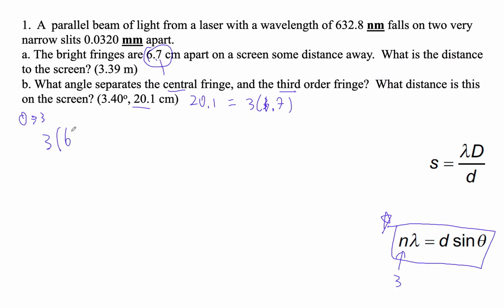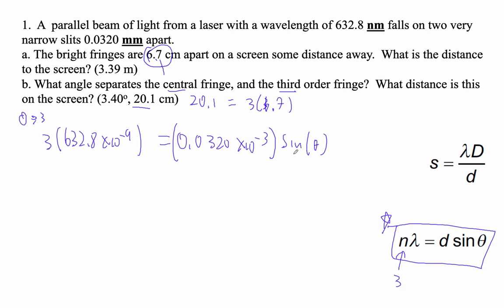Okay, so 3 times 632.8 times 10 to the minus 9th is equal to d, which is 0.0320 times 10 to the minus 3rd, because it's millimeters, right? Times sine of theta. So let's find theta. Theta is going to be the inverse sine of this times this divided by this.